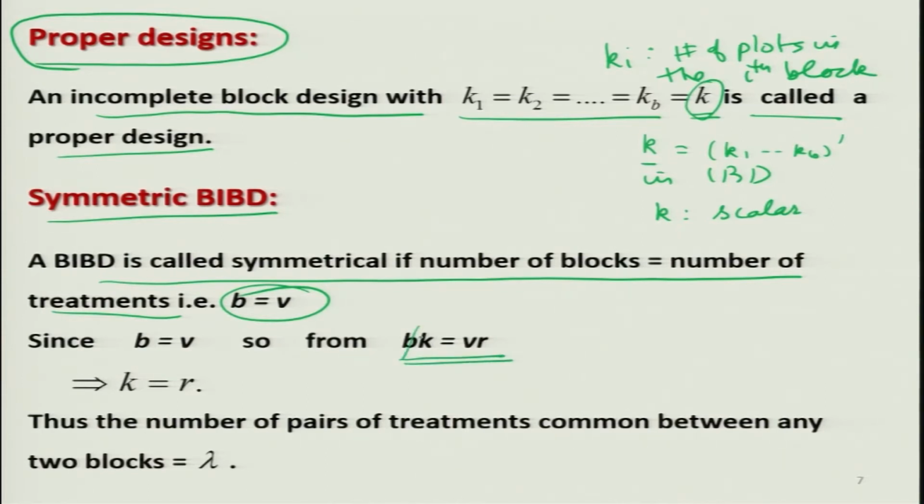Cancelling b and v, we get k equal to r. Then the number of pairs of treatments common between any two blocks is going to be lambda, and lambda is the number of times a pair of treatments occurs in the entire design, that is, among all the blocks.